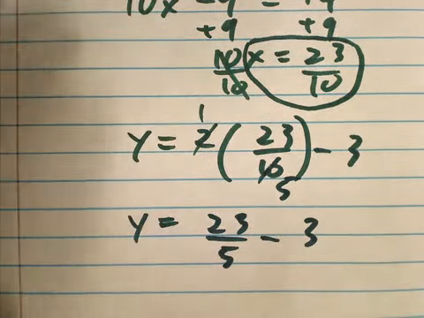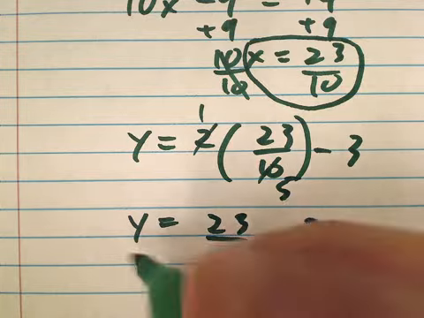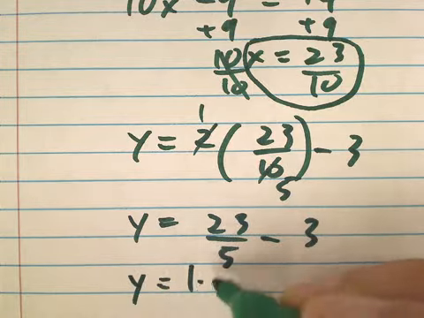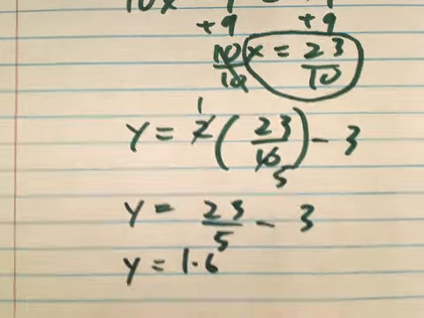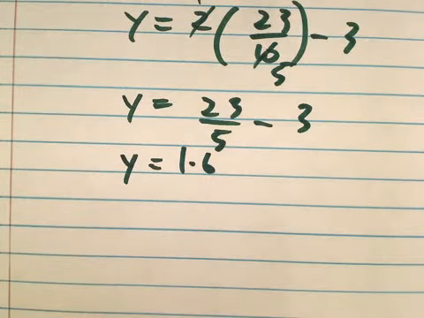And I'm tempted to just punch this in my calculator, and I'm going to go ahead and do that because it'll divide evenly. 23 divided by 5 minus 3 gives me 1.6.